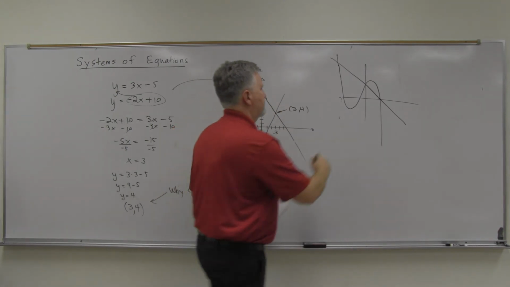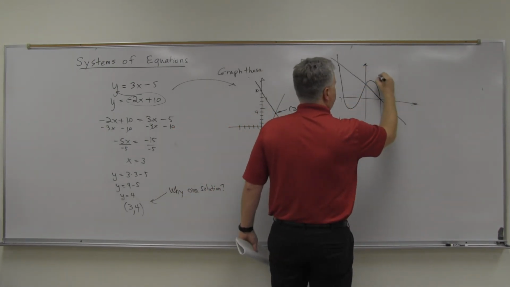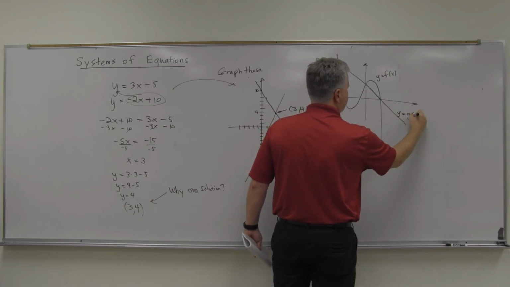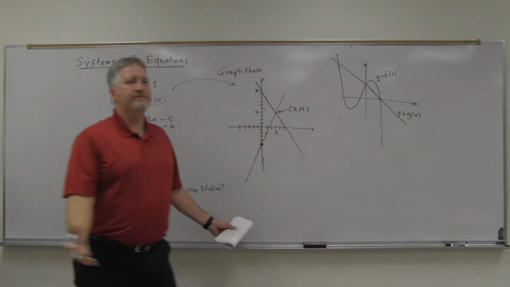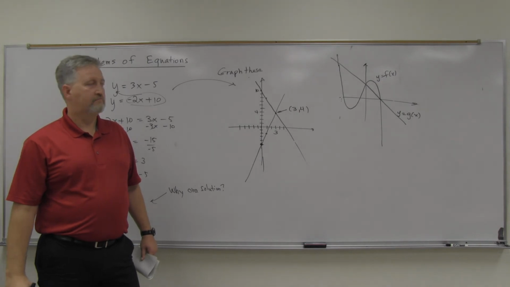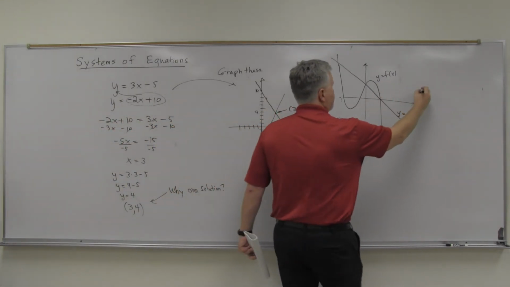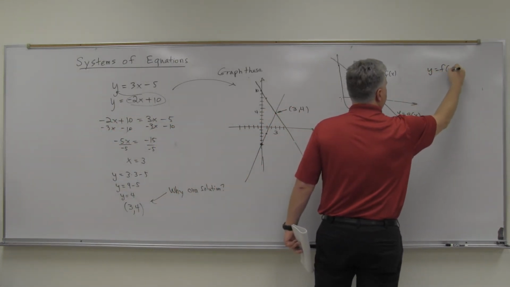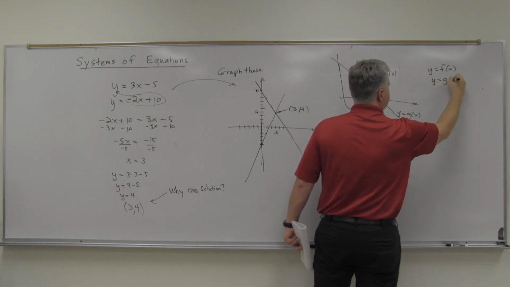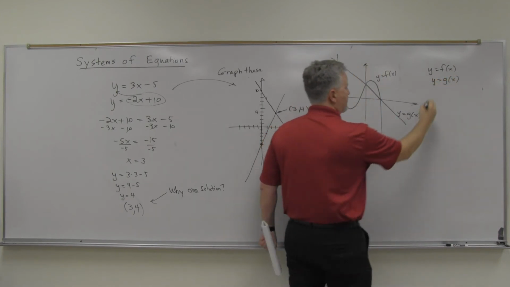okay, so let's just say this is y equals f of x, this is y equals g of x, the line there. How many solutions does that system have? 3. It's got 3 solutions, right? So if I have a y equals f of x, y equals g of x system, that's the system there.